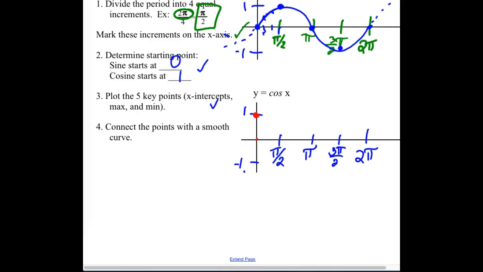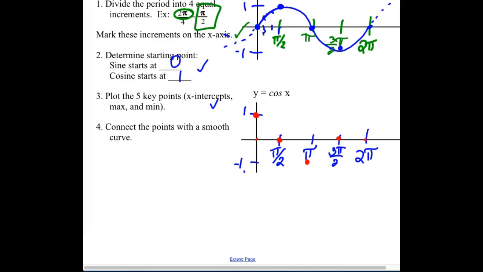At pi over 2, what's my cosine value? 0. At pi, what's my cosine value? -1. At 3 pi over 2, what's my cosine? Back to 0. And at 2 pi?